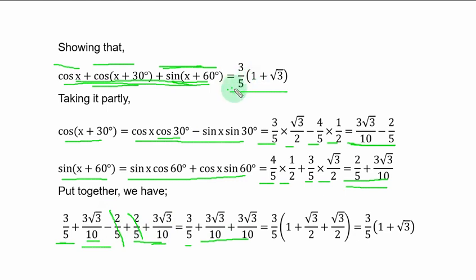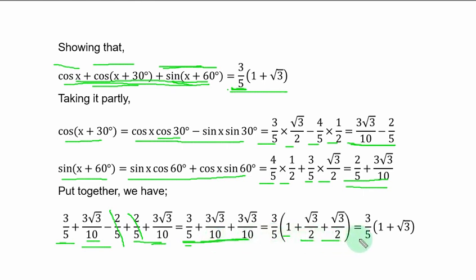From here, 3/5 is outside, and from the remaining terms, you can factor out 3/5. If you factor out 3/5 from the first term, you have 1 remaining. You factor out this 3, you are left with √3. You factor out 5 from 10, you have 2 respectively.